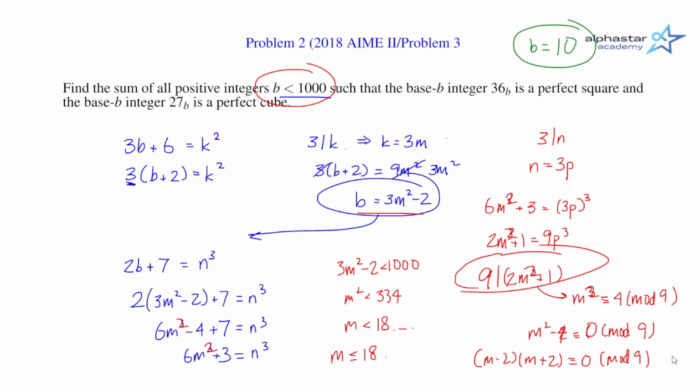So m minus 2 or m plus 2 is a multiple of 9, and we end up with m is plus or minus 2 mod 9. And remember that we got b equals 3m squared minus 2. Remember that m is bounded between 1 and 18. So m can equal 2, 11, and also 7.